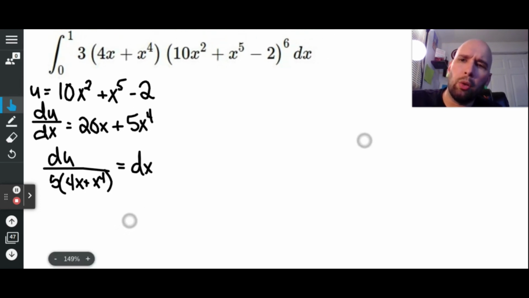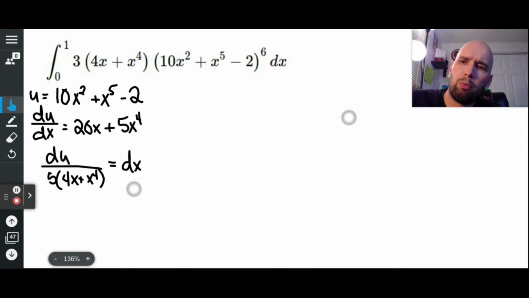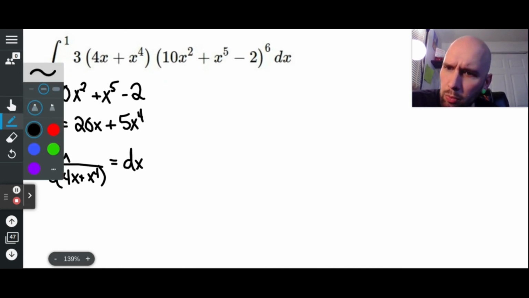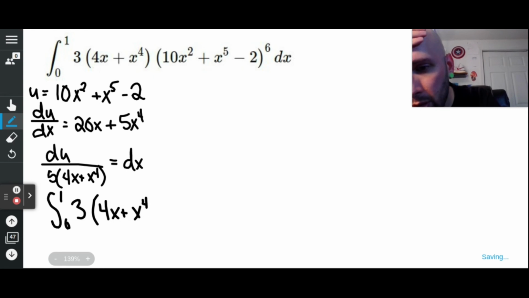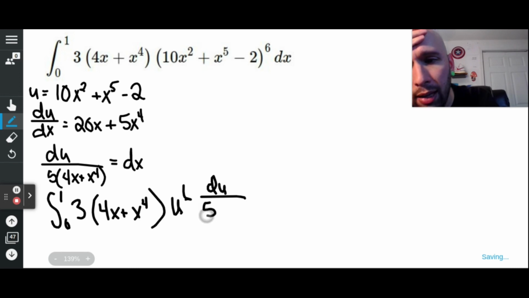So I'm going to rewrite the integral. The integral, lower limit 0, upper limit 1, 3 times 4x plus x to the 4th, u to the 6th du over 5 times (4x plus x to the 4th).